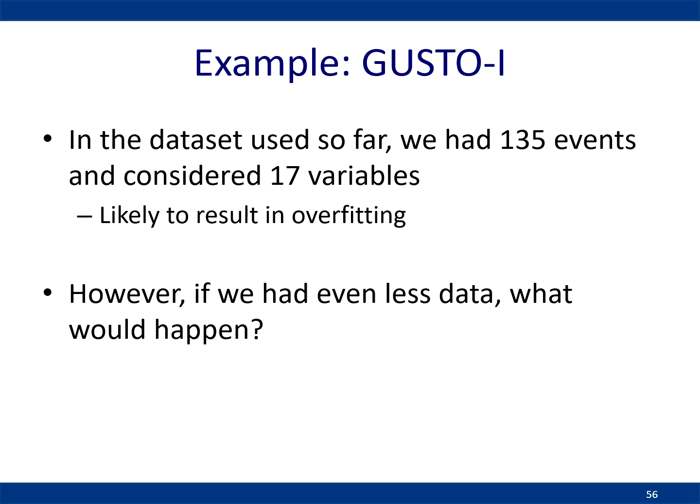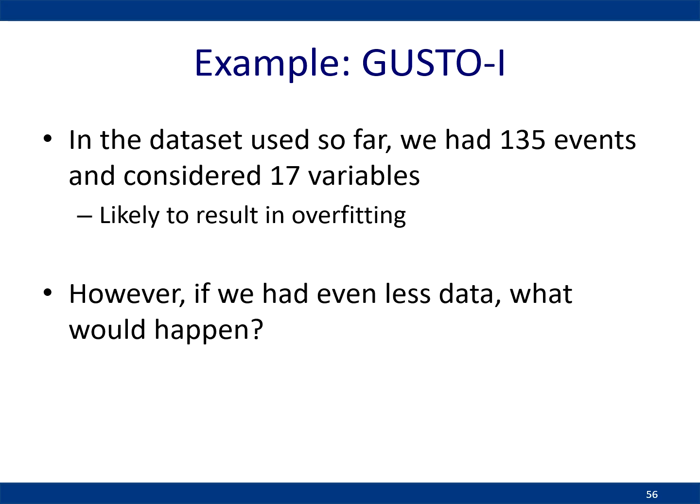Considering our Gusto 1 dataset, so remember we had 135 events in that dataset and we considered 17 variables. So actually here, if we had to calculate our EPV and consider the fact that we were looking at nonlinear functions as well, well, we would expect that overfitting is actually quite likely in that dataset.